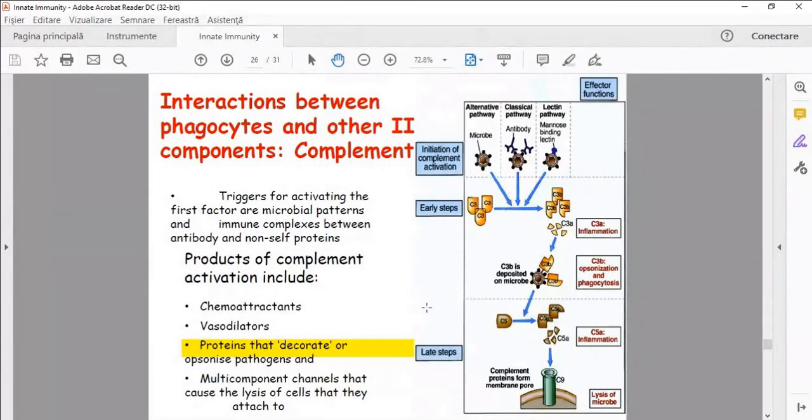For example, as you know, the complement system can be activated on 3 different pathways. 2 of them are in a non-specific manner because they are able to recognize structures expressed on microbes, such as lipopolysaccharides or mannose residues, and the complement system also can be activated by recognition of specific antibodies, which have already opsonized the pathogen.